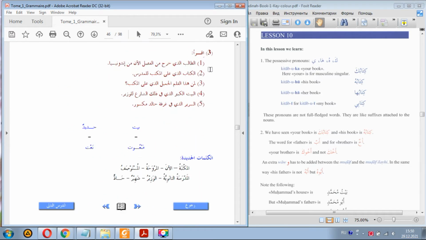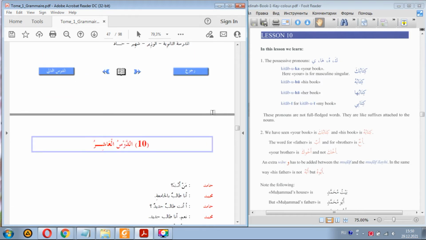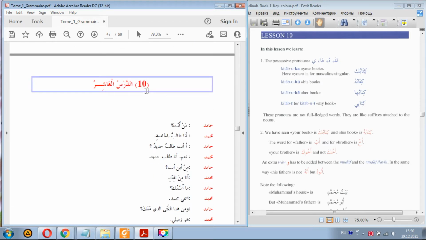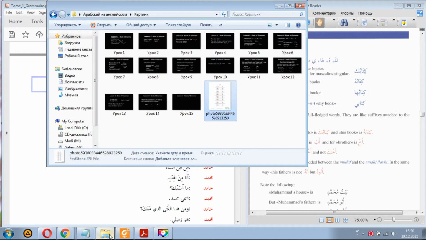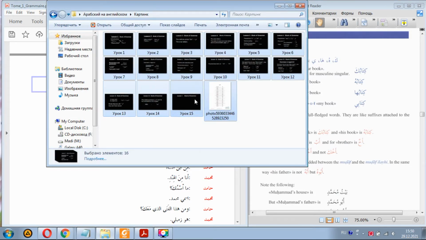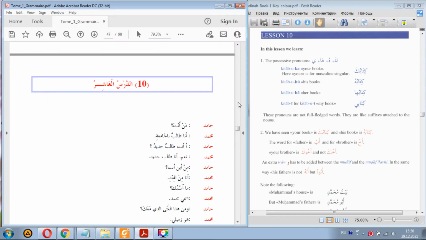There are only 3 of them, not that many exercises, and now, alhamdulillah, we are on our 10th lesson according to the book, but according to our numbering, it's the 15th lesson. So yeah, let's get started.